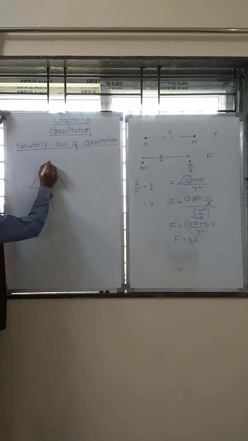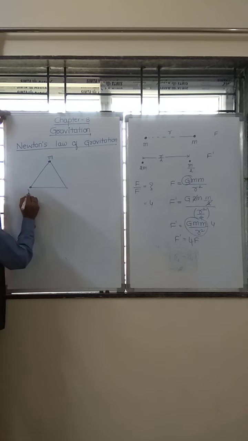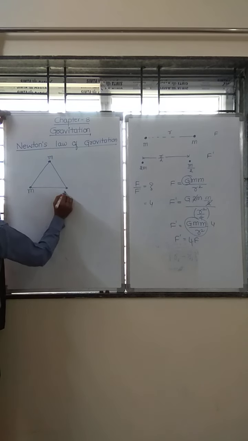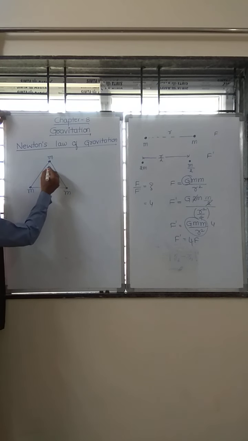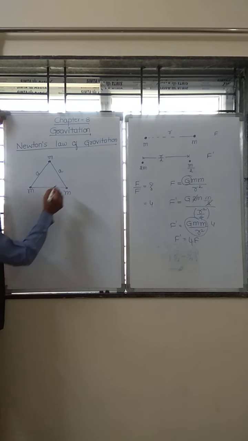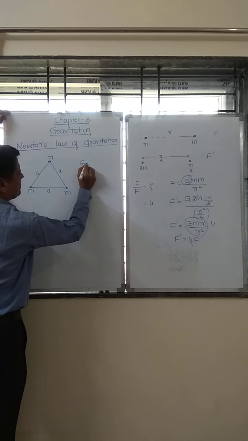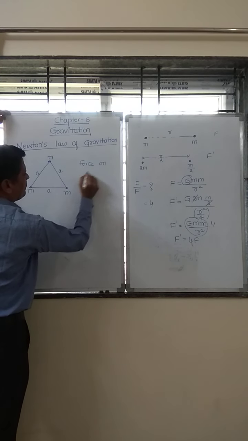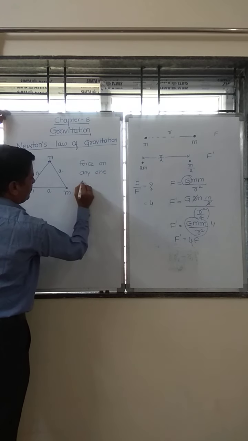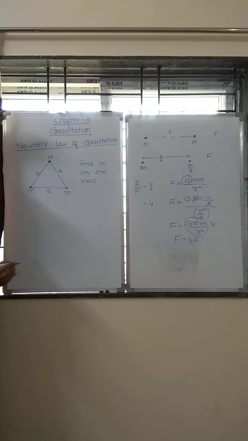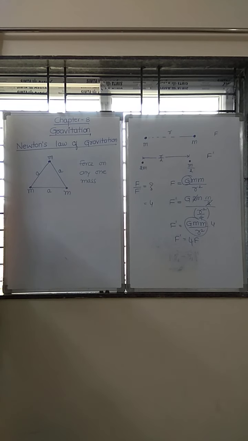Now take three masses m, m, m placed at the three corners of an equilateral triangle of side say A. Then what is the force on any one mass? Force on any one mass. Practice.